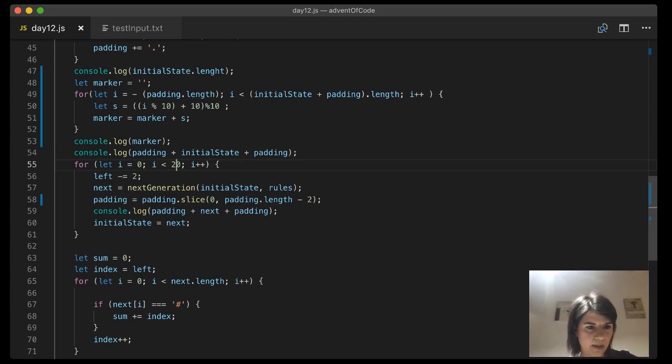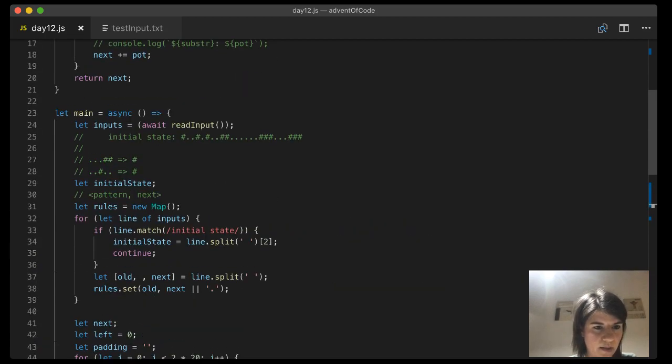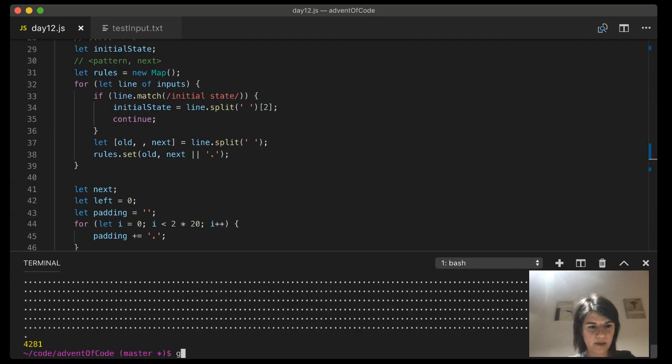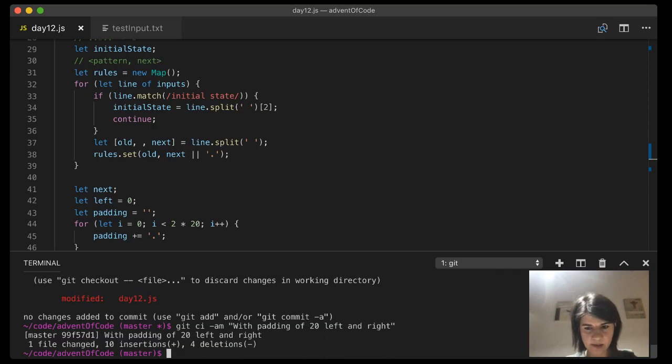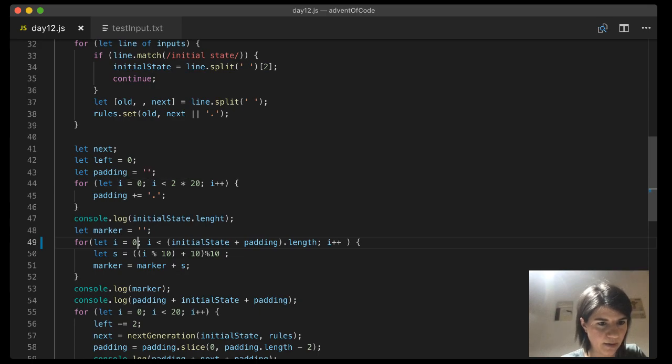So what I will do is I'll leave out the padding on the left, and I make my initial state. Okay. Let's not jump ahead of ourselves. With padding of 20 left and right. Let's commit just some time in between, otherwise it'll all be messy. So let I equal 0 to initial state plus padding that length, and I want to get rid of the padding on the left.